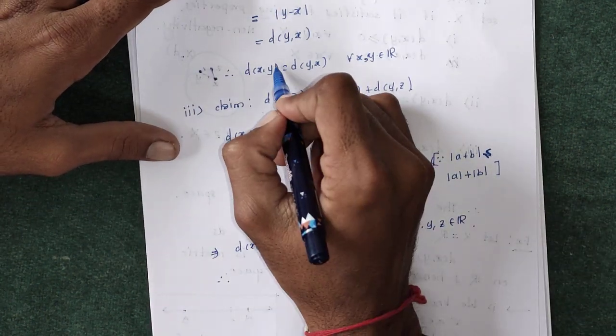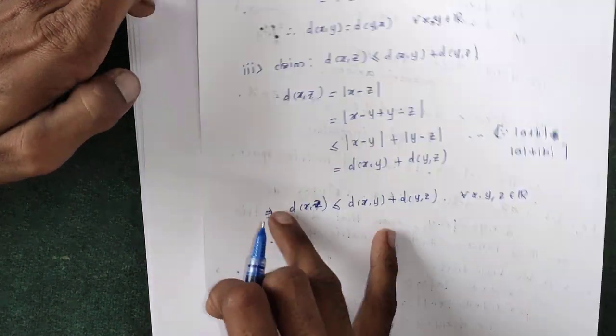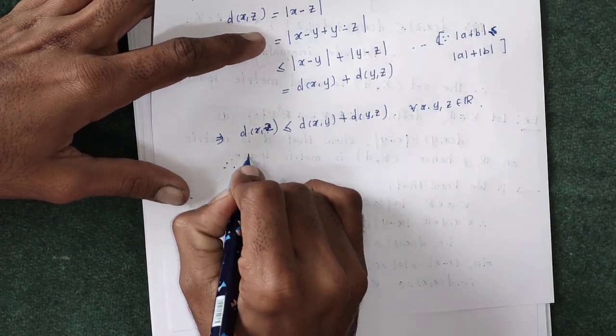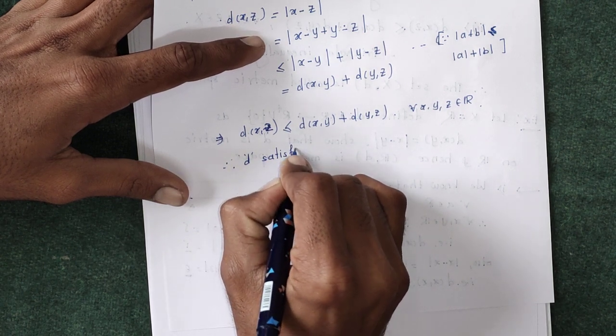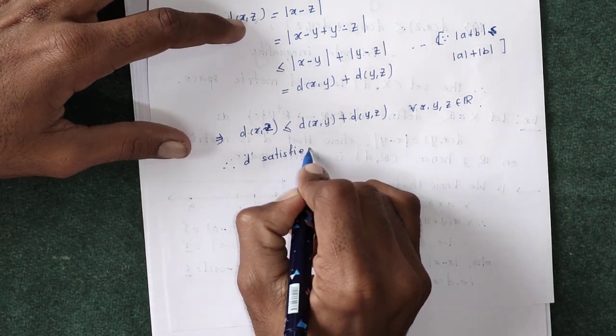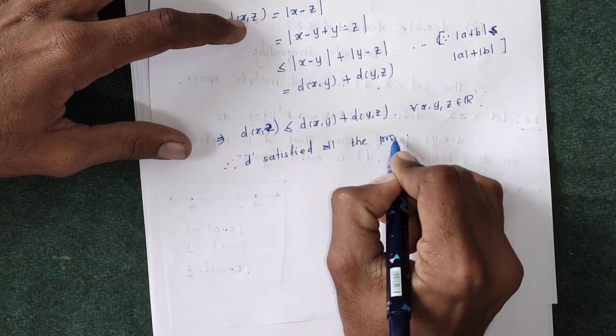Here, D satisfies the symmetric axiom, and first we proved that D satisfies non-negativity. Therefore, D satisfies all the properties of a metric.